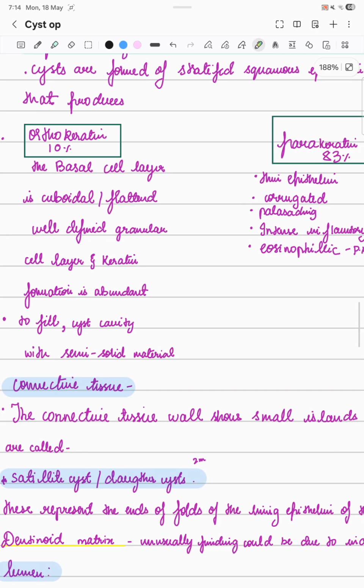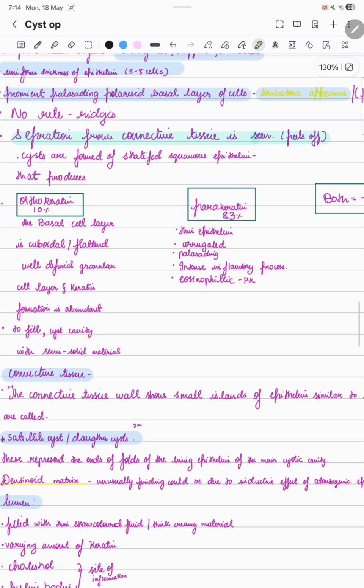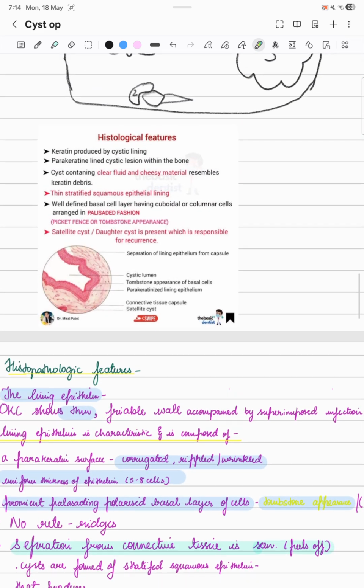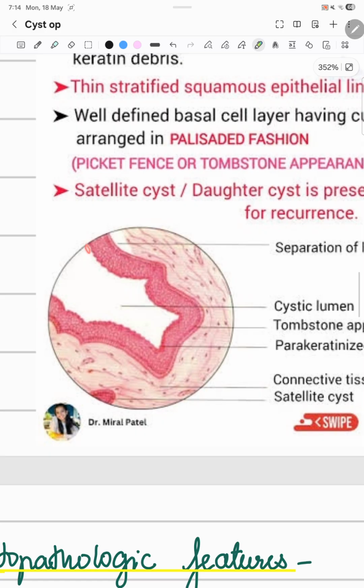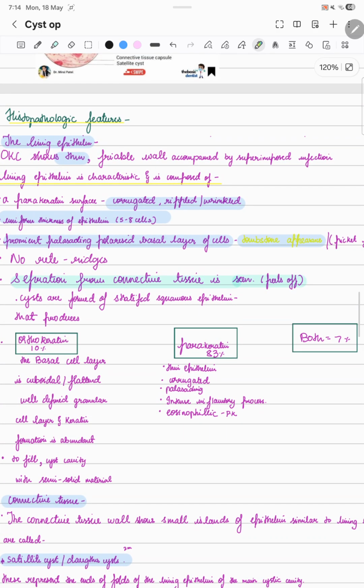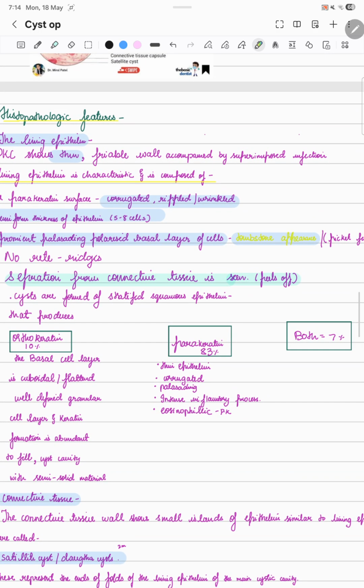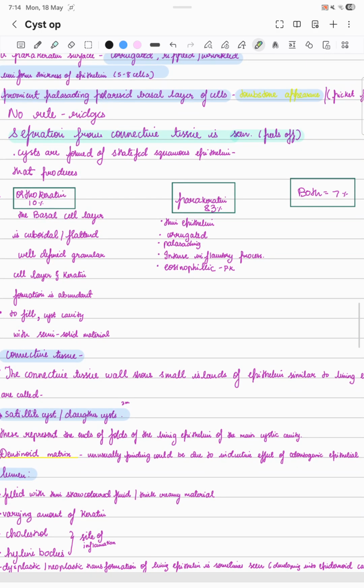The orthokeratin producing cells are the basal cell layer: cuboidal, flattened, well defined, granular. The only major difference is that if you have orthokeratin, you will have granular dots on the cells, that is your pyknotic nucleus as well.